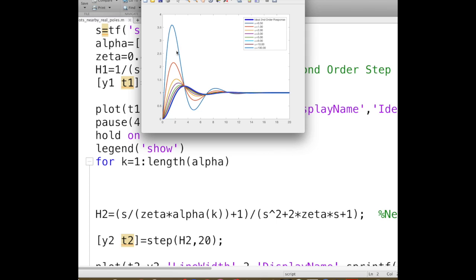But you see, there'd be a detrimental effect of having a zero that's near that complex conjugate set of poles that's supposed to be the dominant poles. Okay, so hopefully you can file that away in your memory banks, and as you design a control system, when you see zeros start to creep nearby or poles starting to creep nearby dominant pairs of poles that you're trying to use in your design, you have to be aware it's going to make a difference on the response.